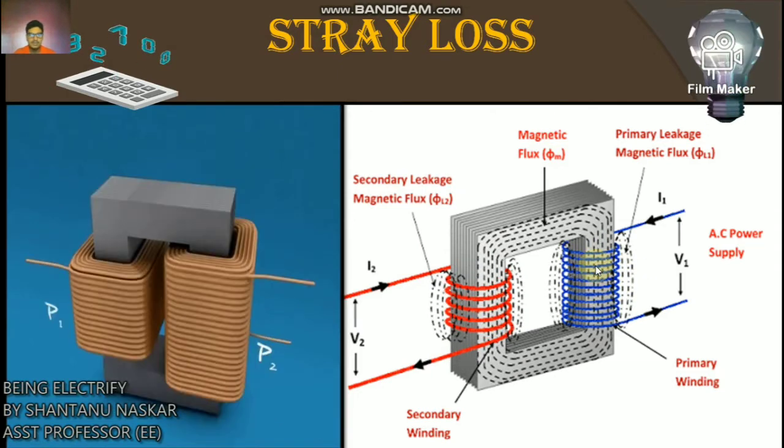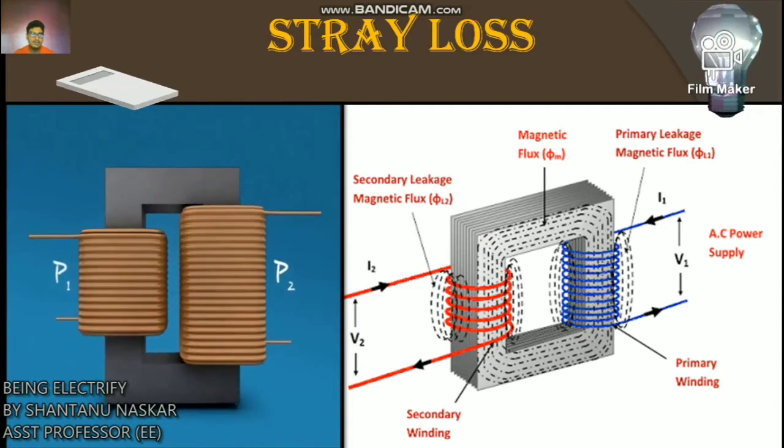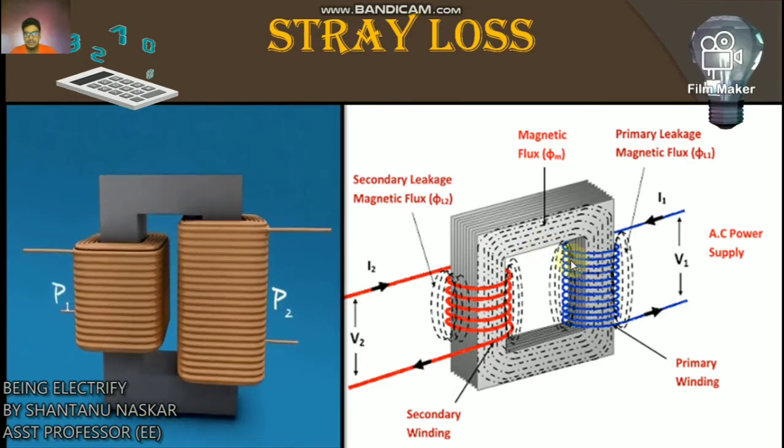The occurrence of this stray loss is due to the presence of the leakage field, and the percentage of these losses is very small compared to the iron and copper losses, so they can be neglected. This amount is very less.